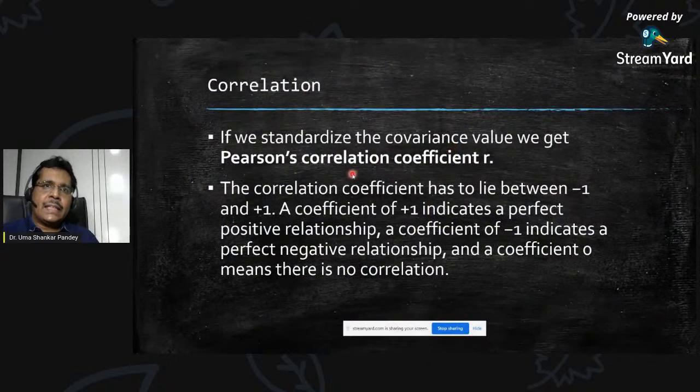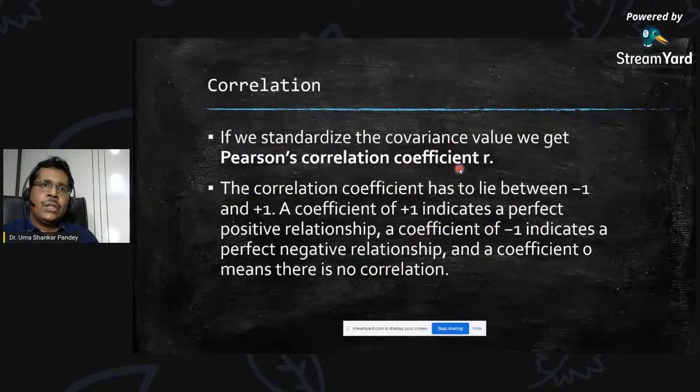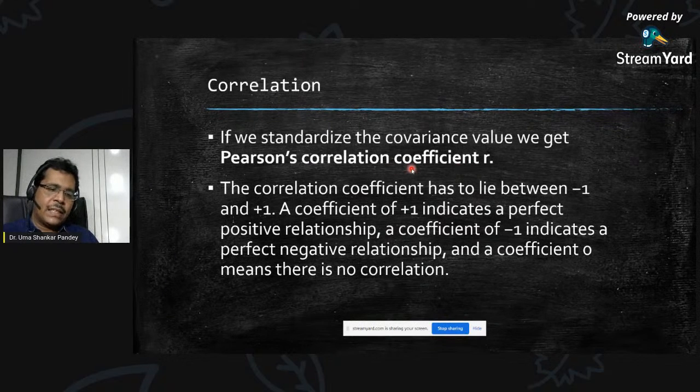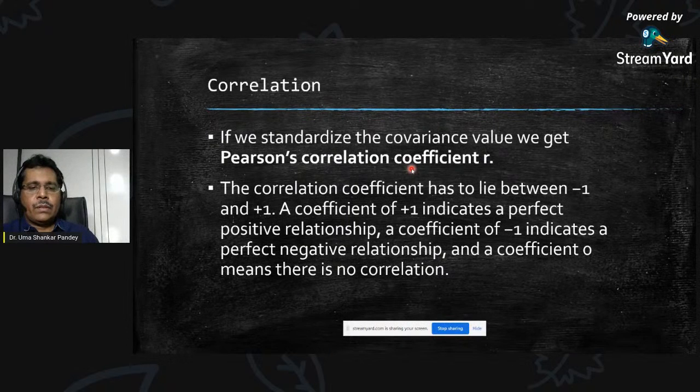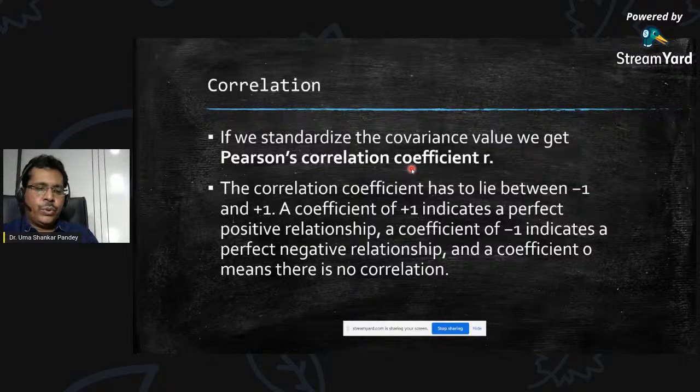So when we standardize the covariance, as I said, we get the Pearson's correlation coefficient. Correlation coefficient means, as I told you at the beginning, that when we standardize anything, we do not talk of its units. It's just a number. So the correlation coefficient has to lie between -1 and +1.